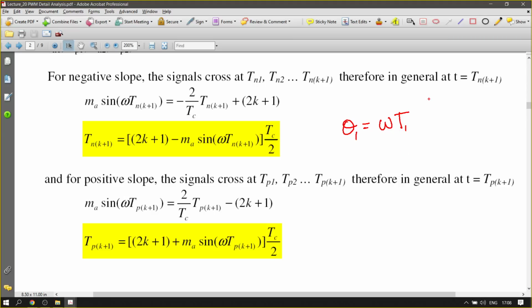Right? So, you akan dapat theta 1 equals to omega t1. So, omega ni sebenarnya omega apa? 2 pi f. And f ni sebenarnya f, which is the slow frequency 50 Hz, bukannya yang carrier signals tu. Jadi 50 Hz frequency. 2 pi f multiplied by t.